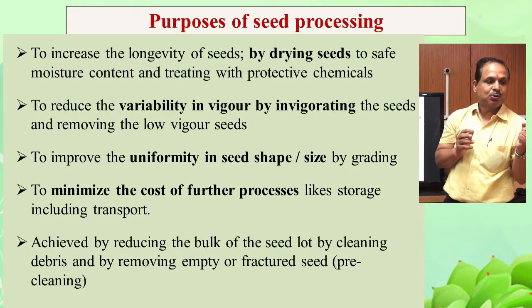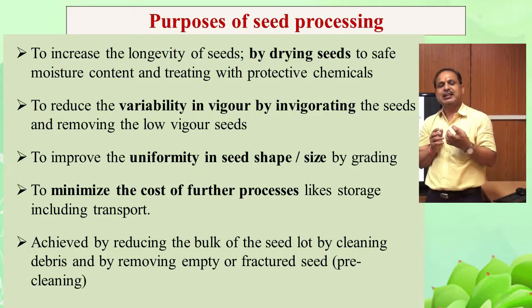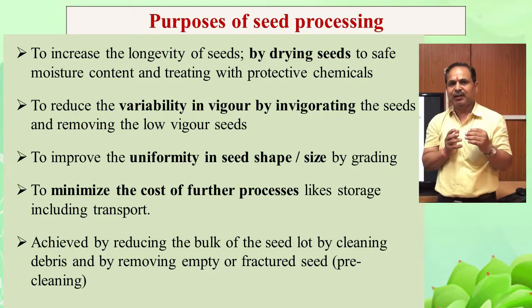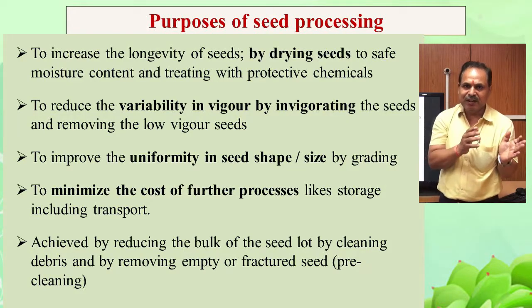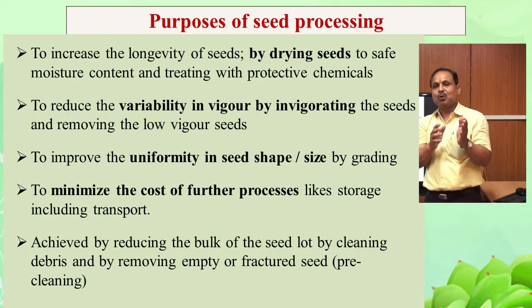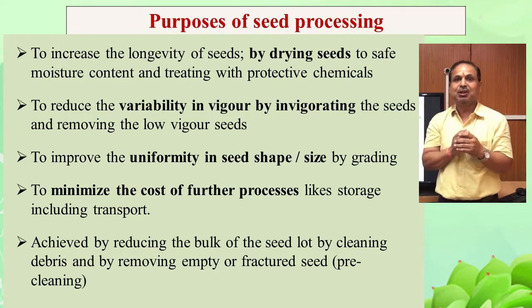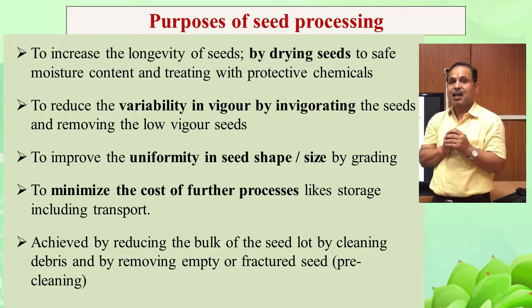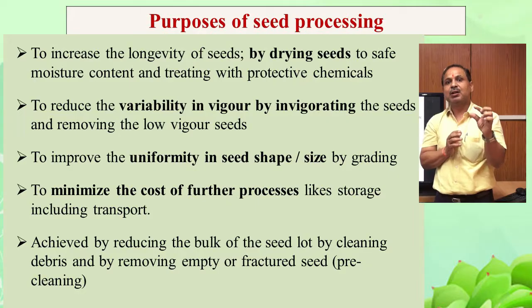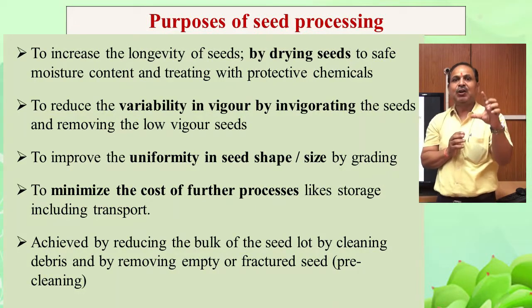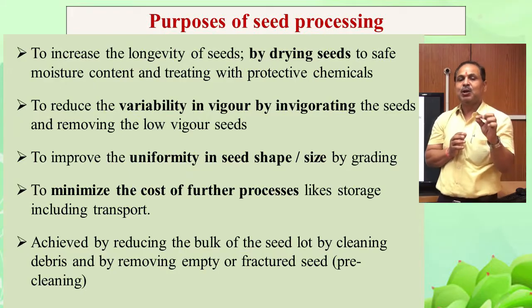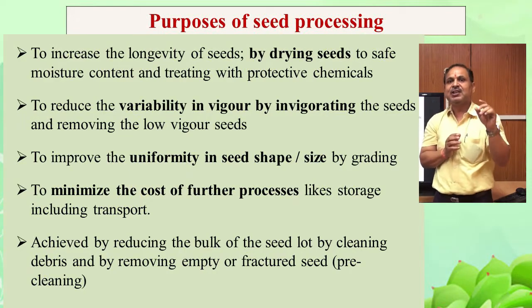The next one is to improve the uniformity in seed size. We know very well that the size of seeds varies from micro to a maximum of 3 to 4 kg. Even within one species, in a maize plant, we will have different sizes of seeds.